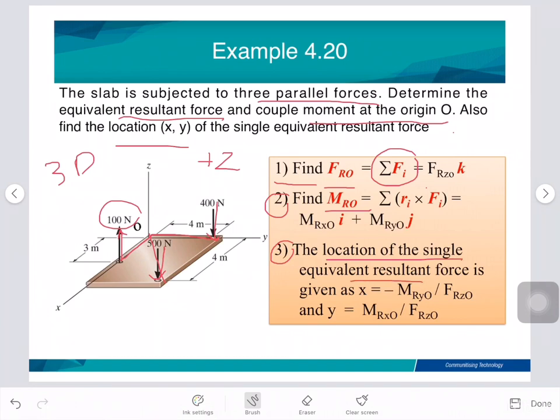So from this equation, for the X, negative MRY, the moment resultant Y, divided by the force resultant Z, and then Y is equal to the moment resultant X divided by the FRZ. So we need to get number 1 first, and then number 2, before we can solve number 3.